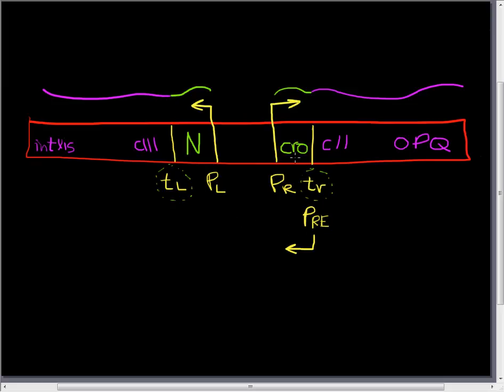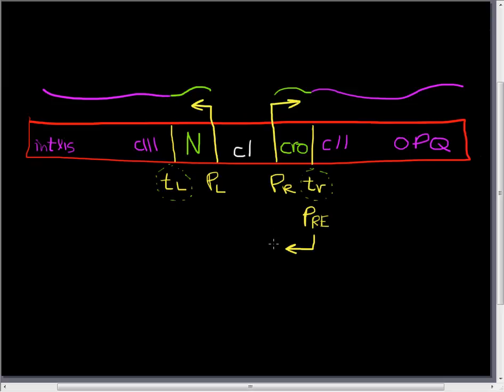So PRE is going to make a small mRNA transcript called anti-CRO that will be the opposite of the CRO sequence, but it is also going to be making another transcript for another protein called C1.